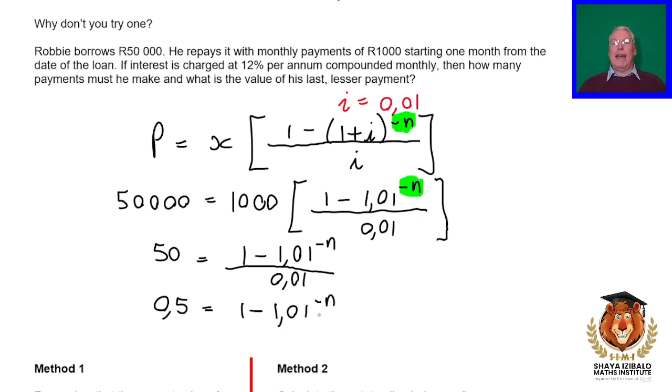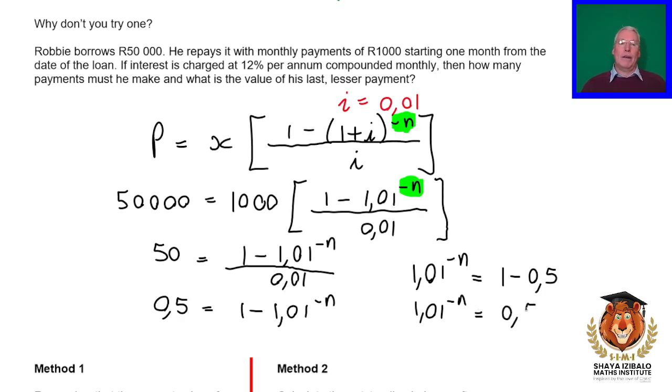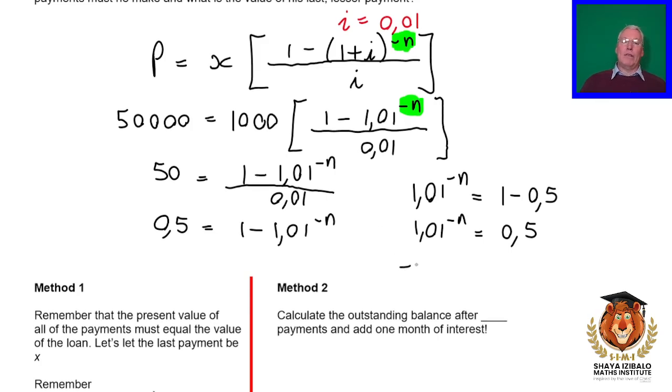What we're going to do now is add 1.01 to the minus n to both sides, and at the same time, subtract a half from both sides. So we end up with 1.01 to the minus n equals a half. That we can calculate on our calculator, realizing that we're going to use logs.